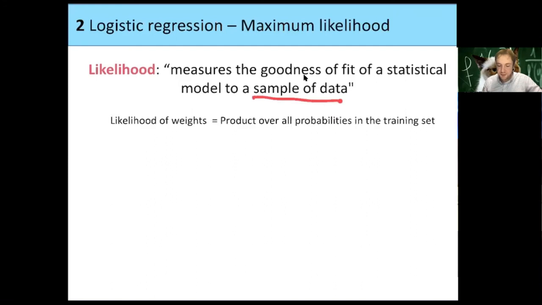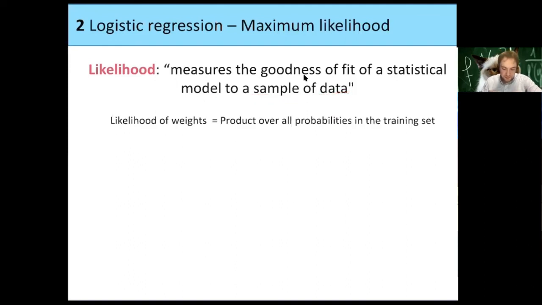So if you have training data, then we want to ask what is the best possible statistical model, as they call it here. In our case, this is theta. What is the best possible theta, which corresponds to our training data?